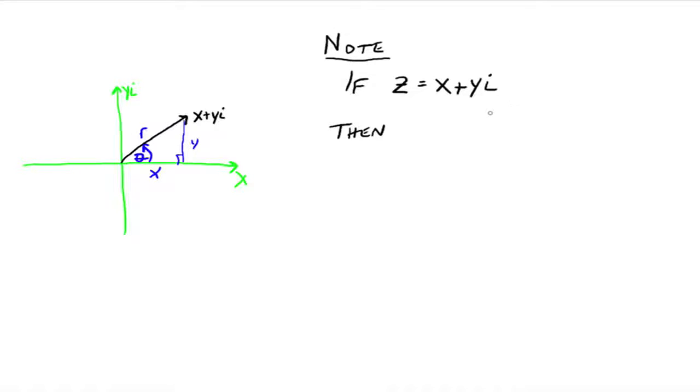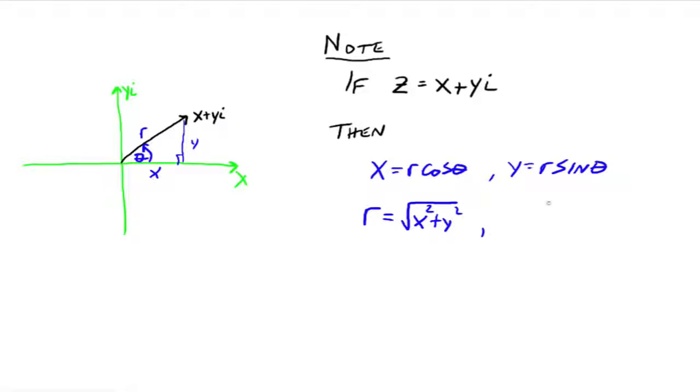If z equals x plus yi, then x is equal to r cosine theta, and y is equal to r sine theta. r turns out to be the square root of x squared plus y squared. And then the tangent of theta is y over x, provided x is not 0.